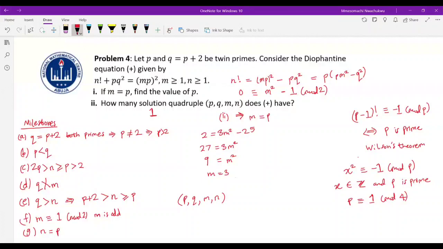That is when we're solving for II. Okay, so we have p, q, m, and n will be 3, 5, 3, 3. Lots of 3s here.